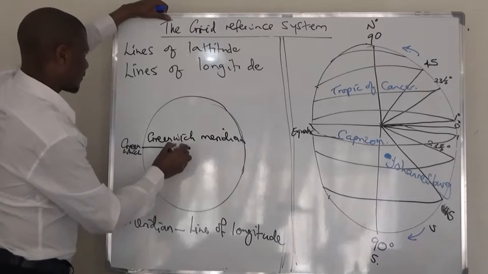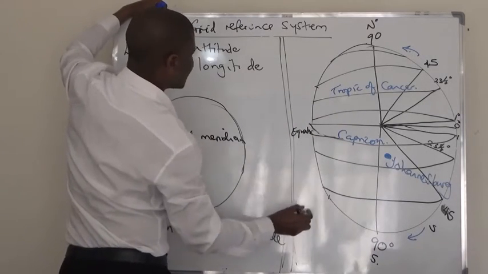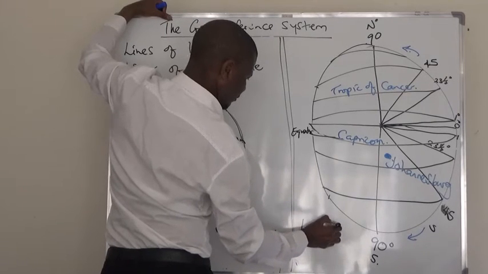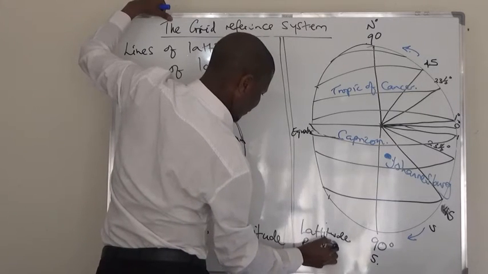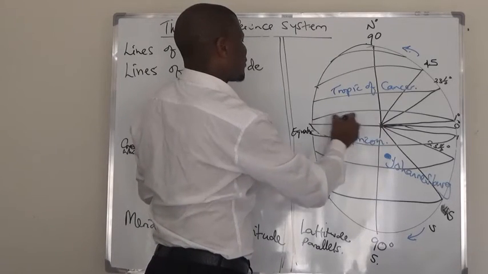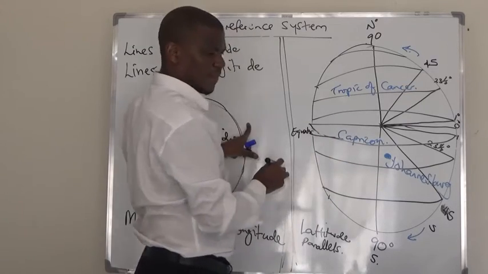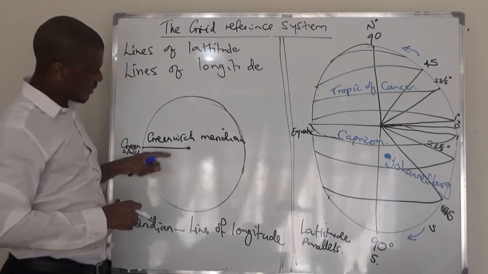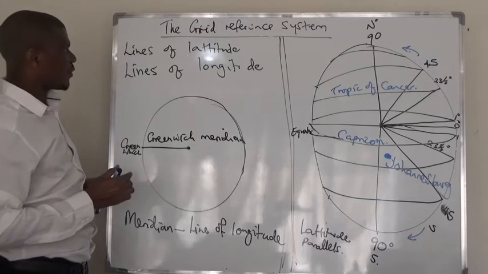And then these other ones, the latitude lines, are called parallels. As you can see, the equator, the Tropic of Capricorn, and all other latitudes are parallel to each other. So those ones are called parallels, while these ones are called meridians or lines of longitude.